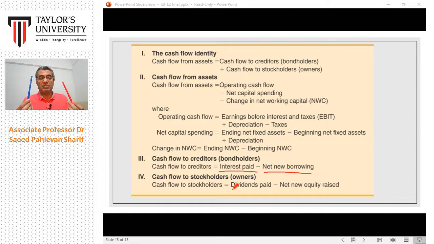They will buy the shares, and more money will come to the company. So dividends paid is going out of the company, and the money that comes in from issuing new shares is net new equity raised. So dividends paid minus net new equity raised is cash flow to stockholders. So this is the logic behind it.